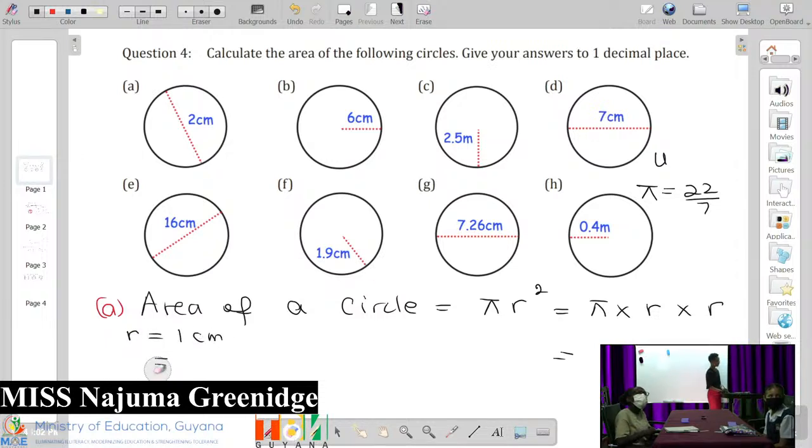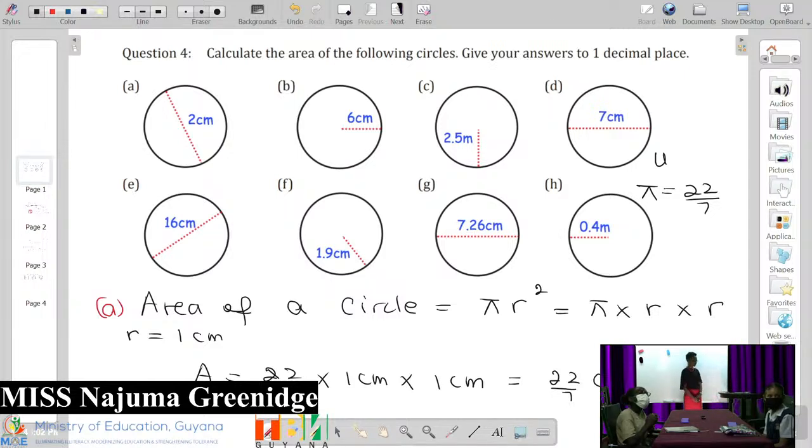So therefore, the area is equal to 22/7 multiplied by 1 cm multiplied by 1 cm. What's the result there? So 1 cm times 1 cm would be cm square, and so we have 22/7 cm square.